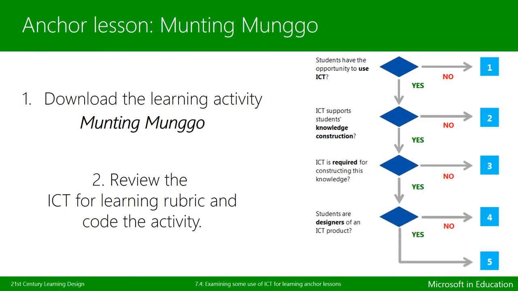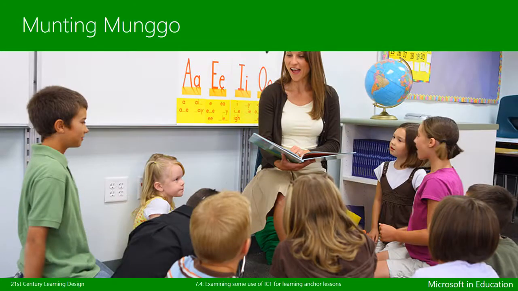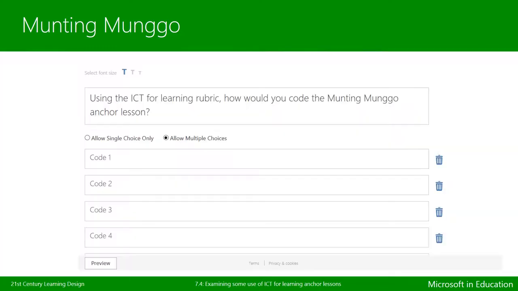In deciding how to code it, you need to be able to point to evidence in order to justify the code you select. Remember, you are not looking for what you think you might do. Instead, you are looking for evidence to support the code you are giving this learning activity. Having examined the Munting Munggo, please indicate the code you assign to this learning activity.